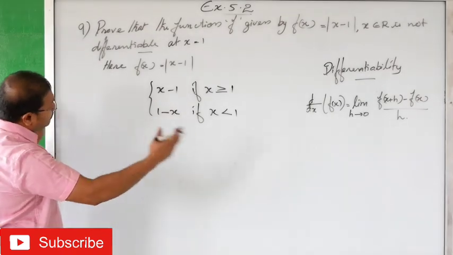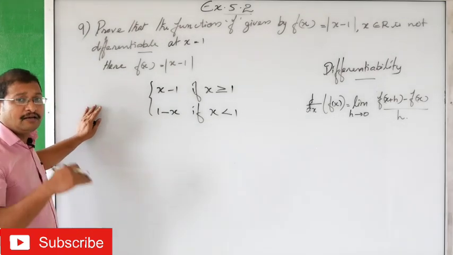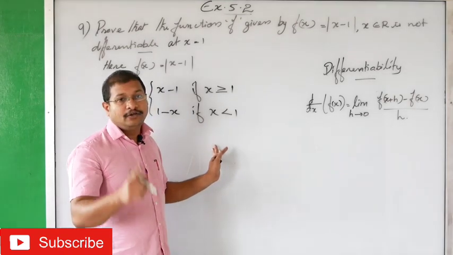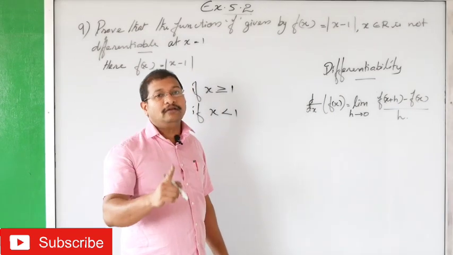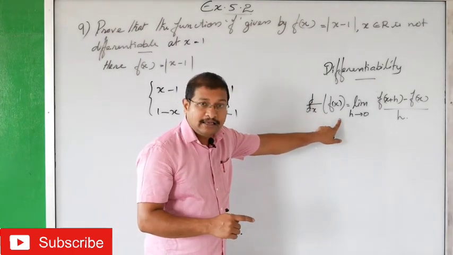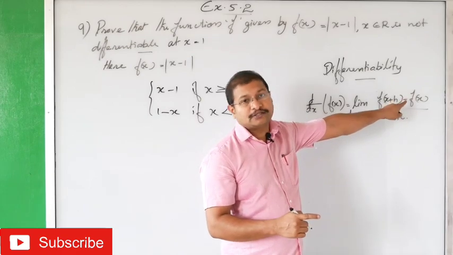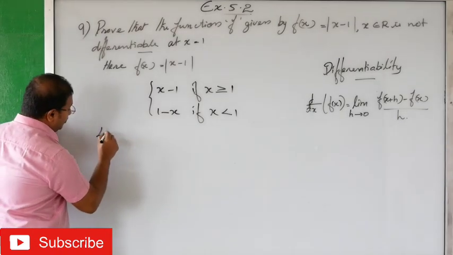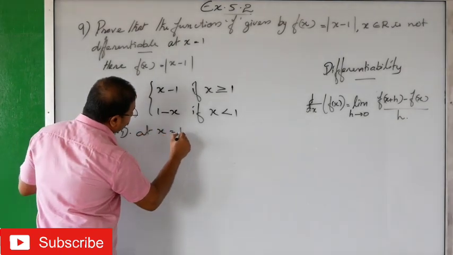So let's go for separate left hand side and right hand side, means left hand derivative and right hand derivative. Ready? But make sure that before solving this exercise you have to know the differentiability from page number 161 and 162. What is the rule here? Derivative of f of x equals limit h tends to 0 of f of x plus h minus f of x divided by h. Now we will go for LHD, left hand derivative at x equal to 1.